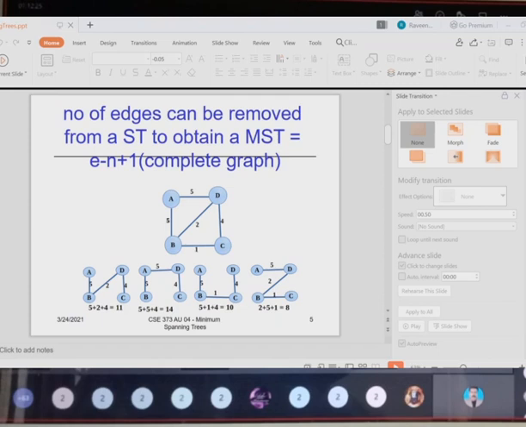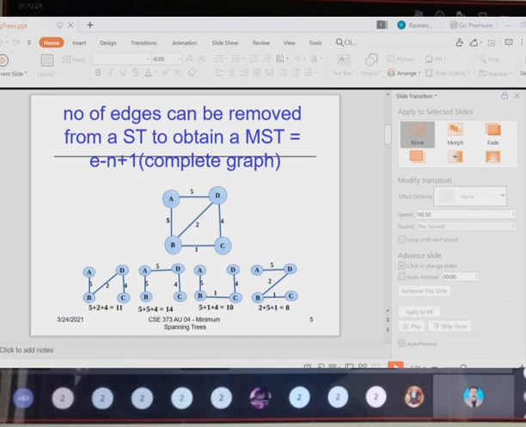The real life applications are to find the cheapest way to wire your house and the minimum cost to send a message. An important property is that the number of edges that can be removed from a graph to obtain a minimum spanning tree in a complete graph is e minus n plus 1.